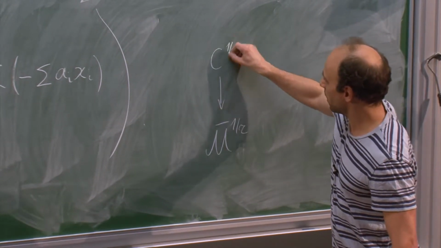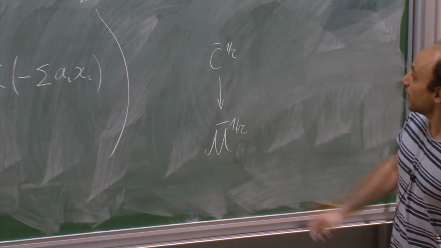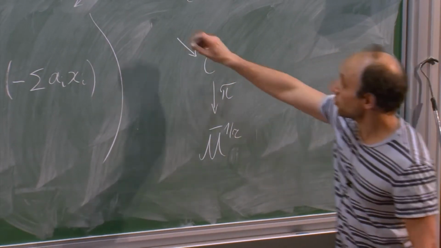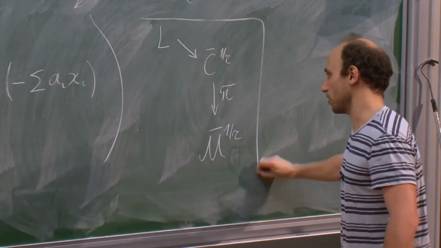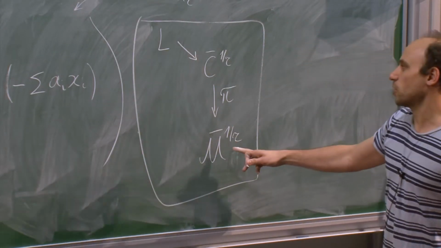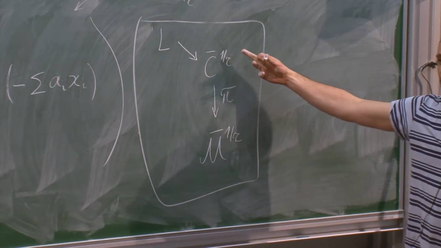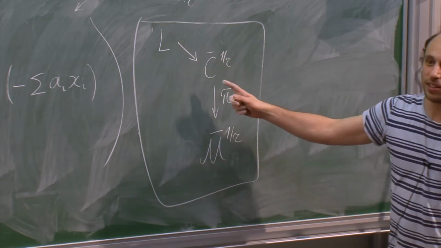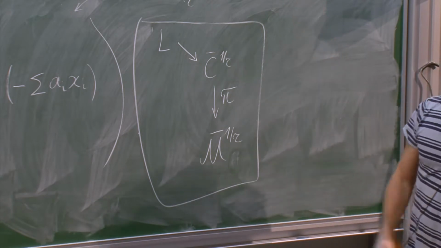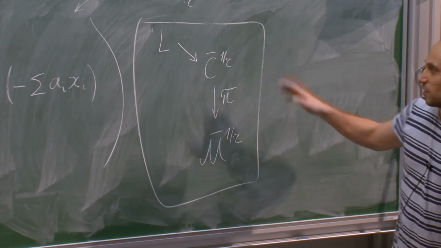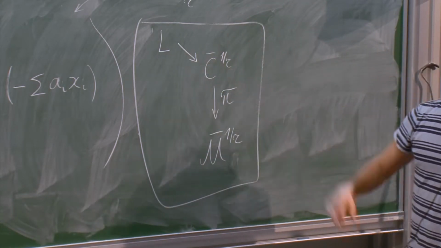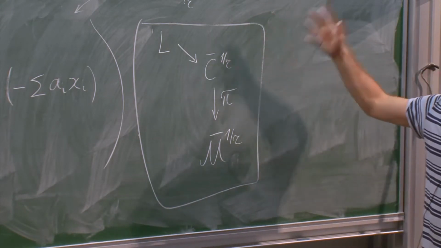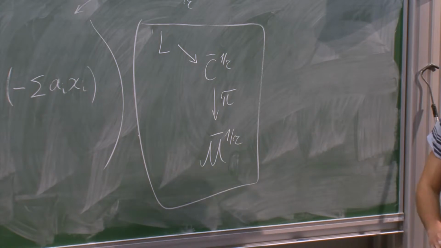Over this moduli space I have the universal curve, and let's call this pi as before, and I also have the universal r-spin structure. Since this is the space of r-spin structures, it means that on the universal curve I have the universal r-spin structure. So here I have a line bundle on each fiber, and the union of these line bundles gives me a line bundle over the whole universal curve, and its rth power is the cotangent line bundle to the fibers.